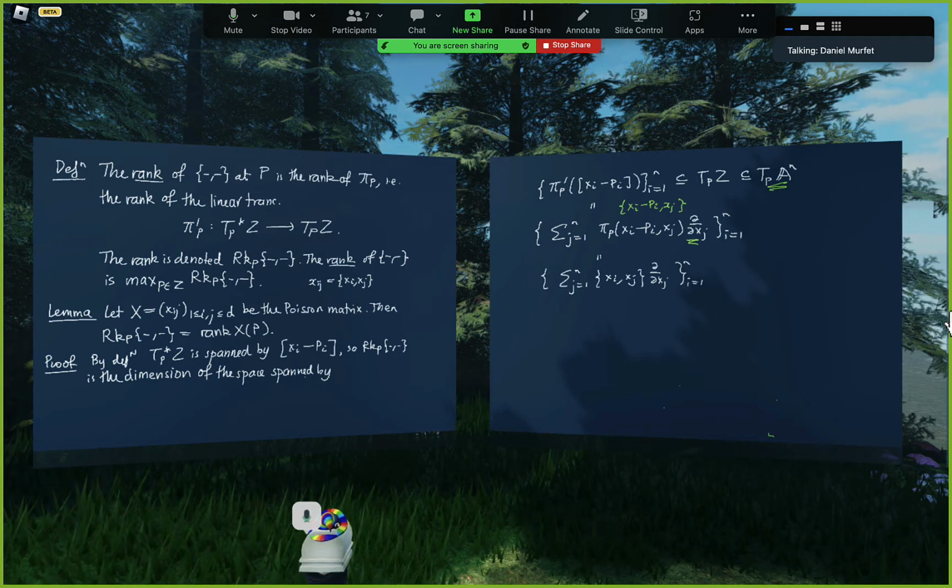Forgot about that. So evaluated at p. But that is the row or column space of xp. Let me have a look. I'm taking the i's. The i's are the rows, so that's the row space. Not that it matters for the rank, but which is the row space of xp. Okay, so the ranks are the same.